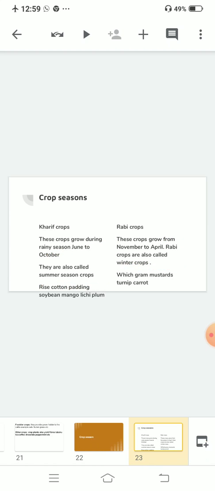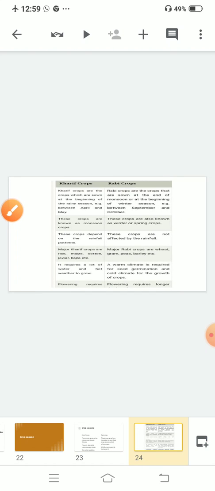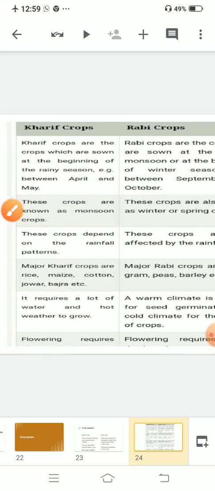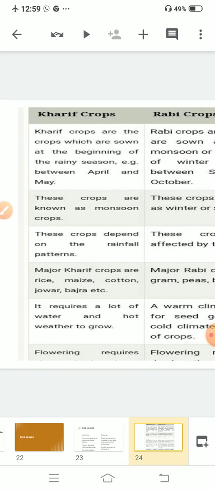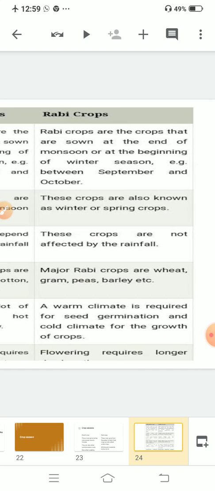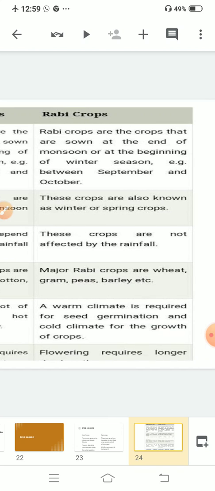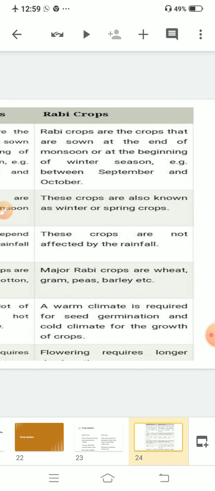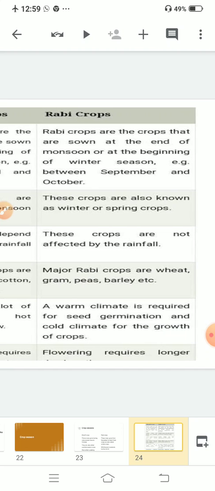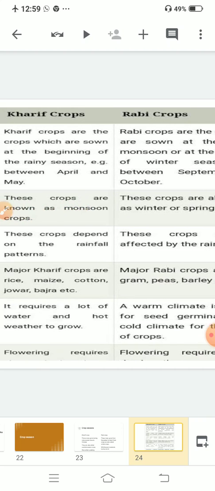In the next slide, we will do the difference between Kharif and Rabi crops. Kharif crops are the crops which are sown at the beginning of the rainy season. Example, between April and May. Rabi crops are the crops that are sown at the end of monsoon or at the beginning of winter season. Example, between September and October.